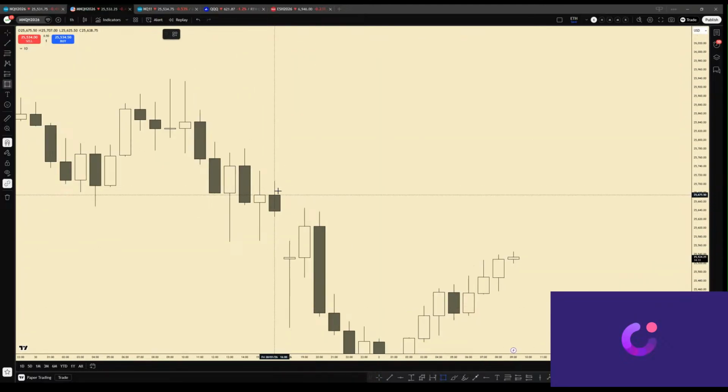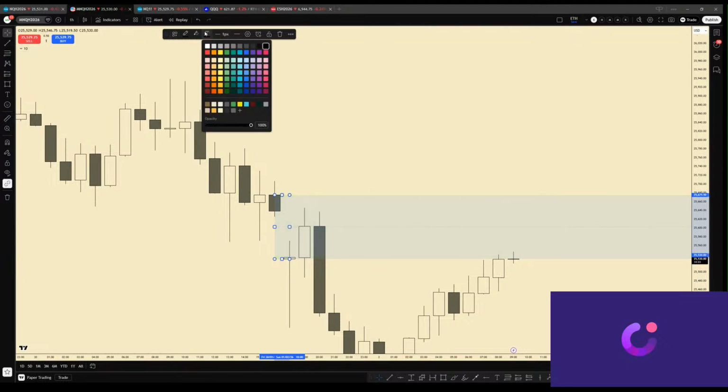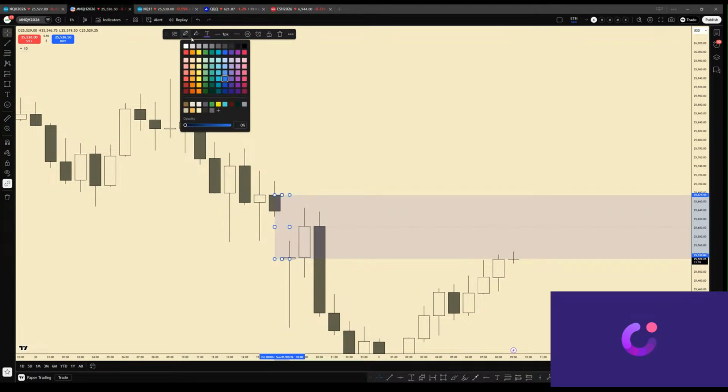This is the Friday closing price and this is the Sunday opening price. I make these weekly gaps purple, like this.